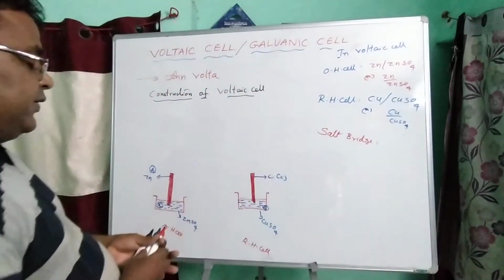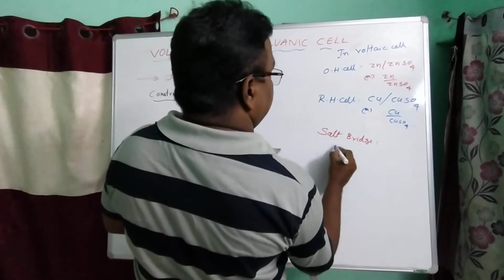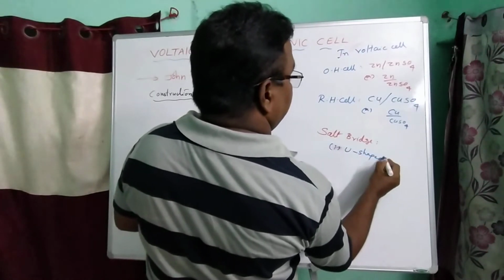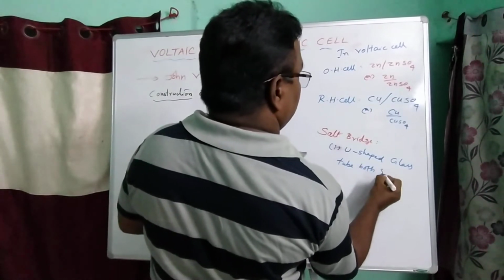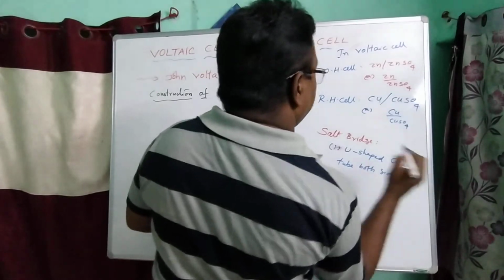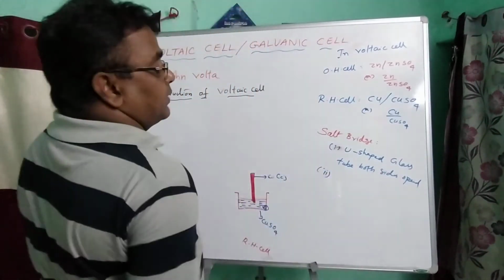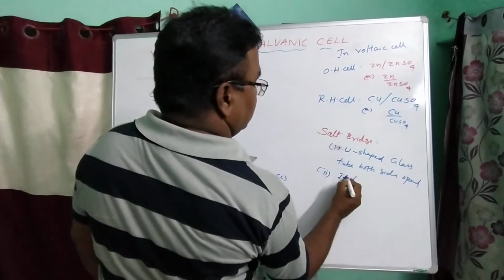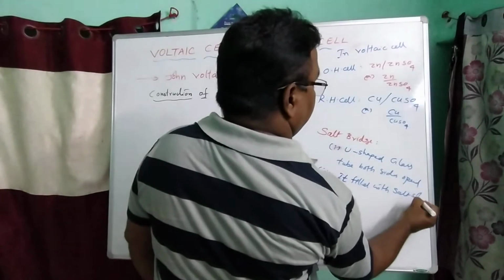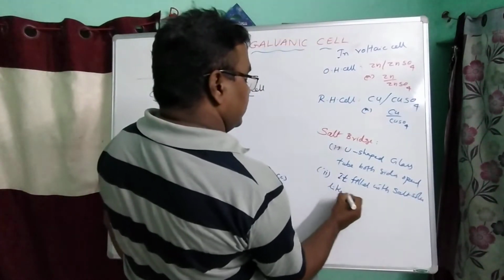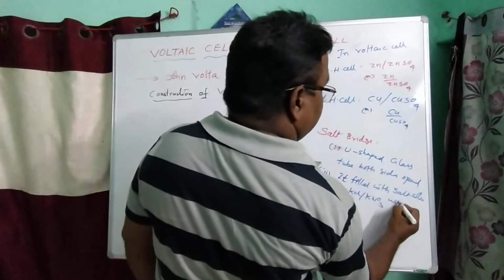What is a salt bridge? First, it is a U-shaped glass tube, with both sides open. Next, it is filled with a salt solution like potassium chloride or potassium nitrate with a gel.